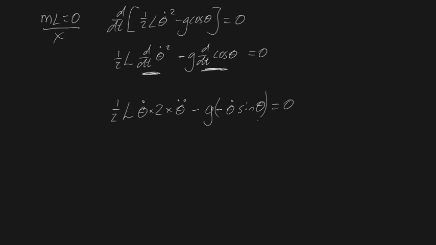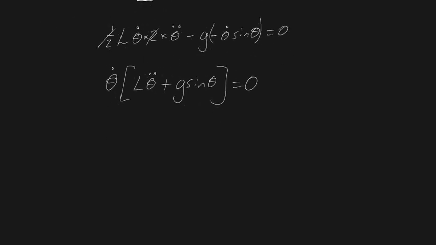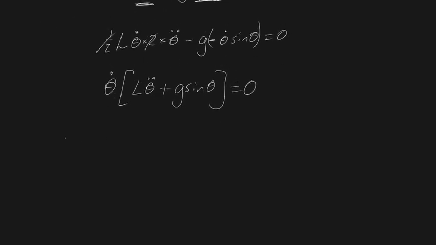Oops, that should be times by, and you'll see that if you factor out a theta dot, we're left with L. Don't forget that these two cancel out. That'll be L theta double dot plus g sine theta is equal to 0, right? Notice that these negatives cancel each other out as well, meaning that we're left with another solution.